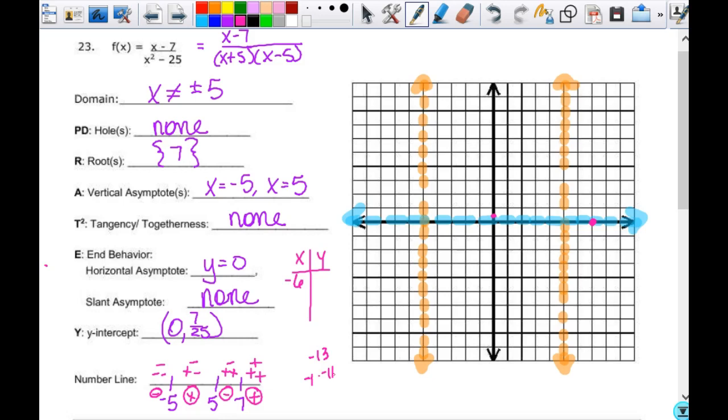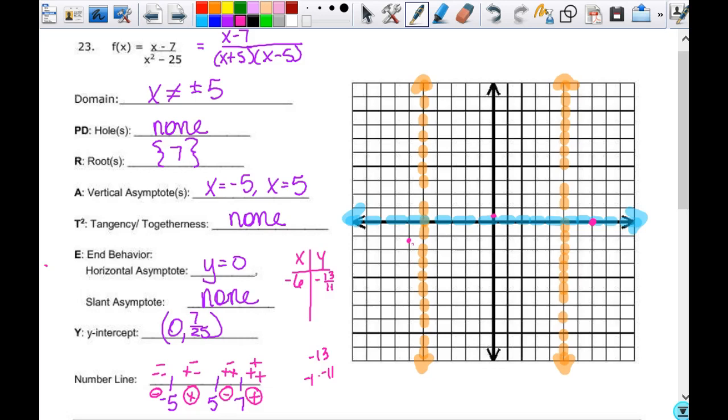It's going to be negative 13 over 11, so negative 13/11. But you know what that tells me? That tells me it's a little bit more or less actually than negative 1. So if I go to negative 6, negative 1 and 2/11, so good enough right there.